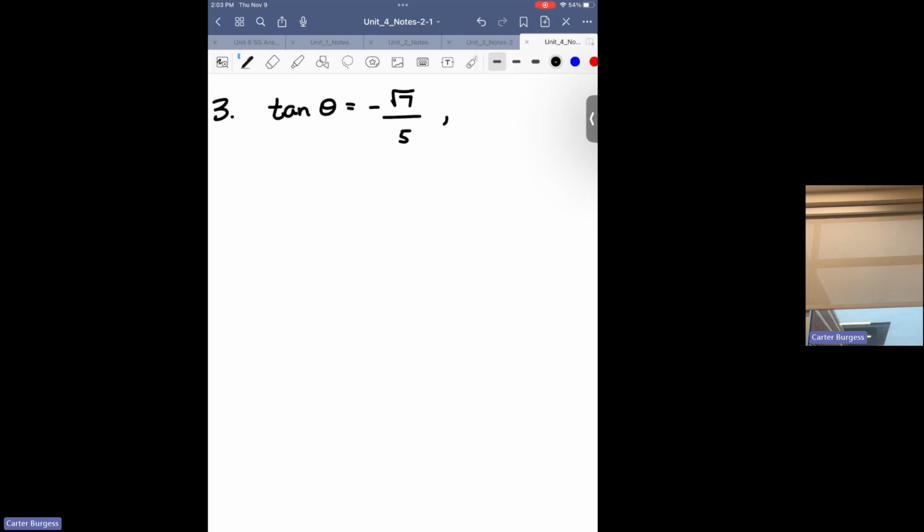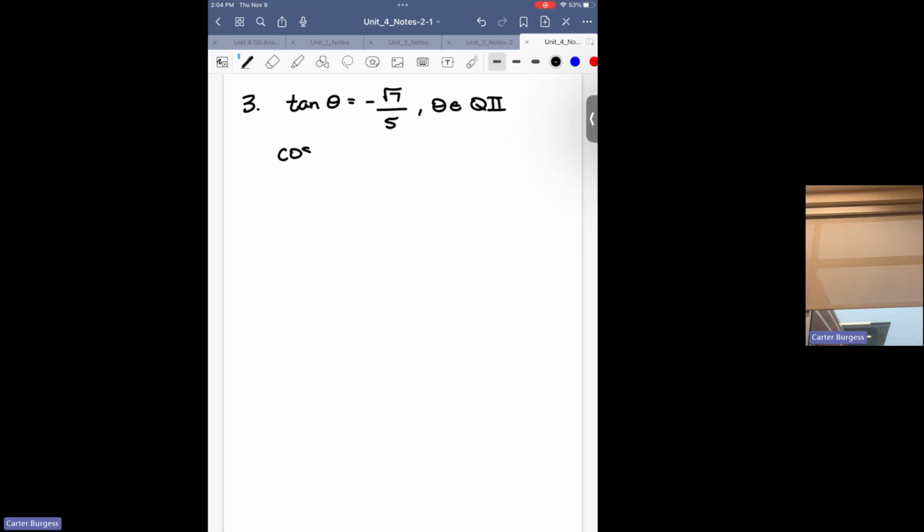What quadrant do we live in? So theta lives in quadrant 2, between pi over 2 and pi, between 90 and 180.